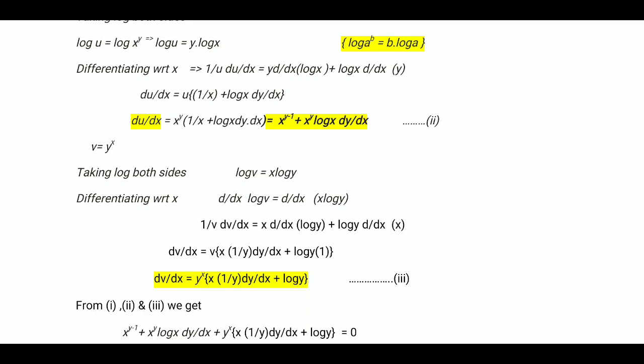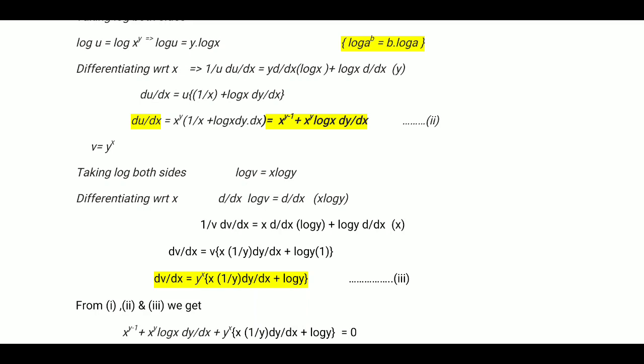So differentiating with respect to x, d upon dx of log v is equal to d upon dx of x log y. x log y is in product form, so first differentiate log v, that is 1 upon v dv upon dx is equal to x into differentiation of second function plus first function, second function into differentiation of first. So x d upon dx of log y plus log y d upon dx of x.